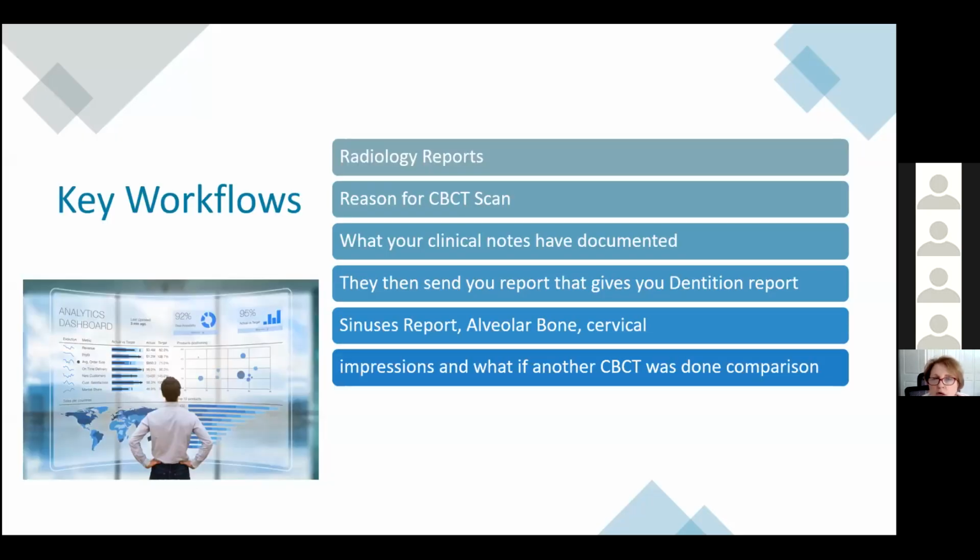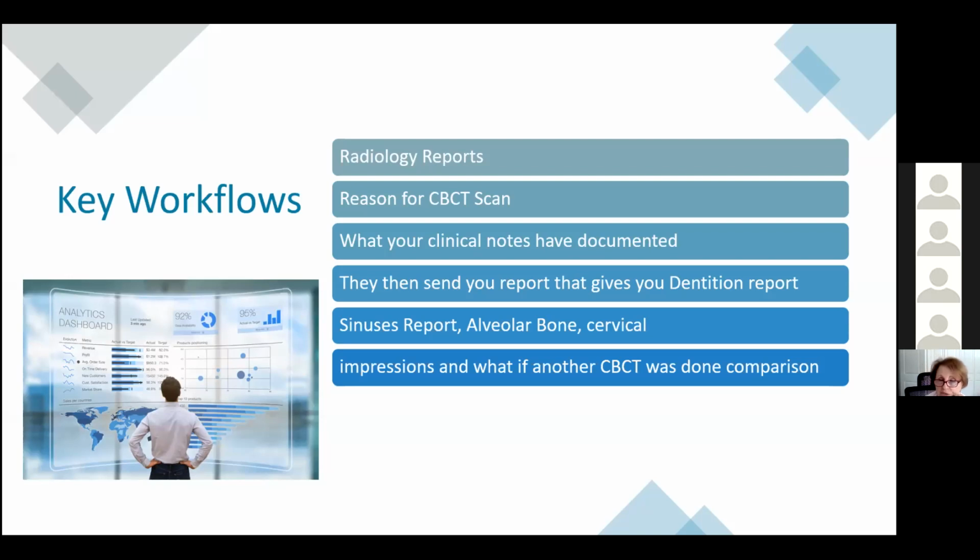So the key workflows when I'm teaching the billing part is the radiology report coming from somebody that can actually help you. One, the question of liability. Who's liable for reading that report?